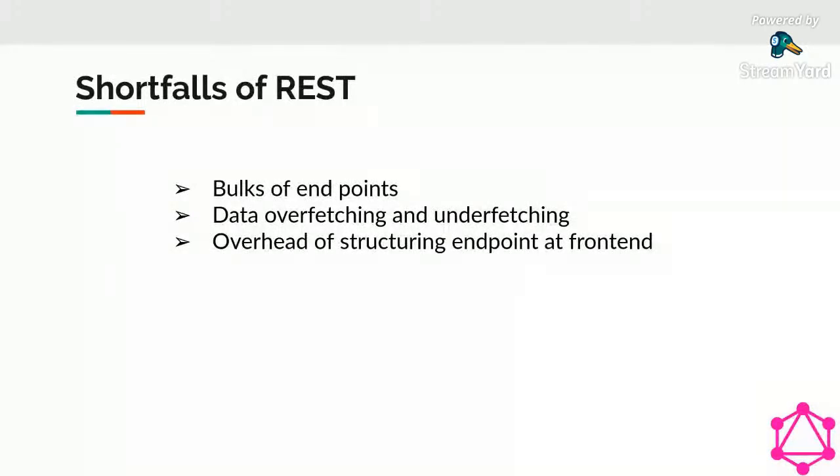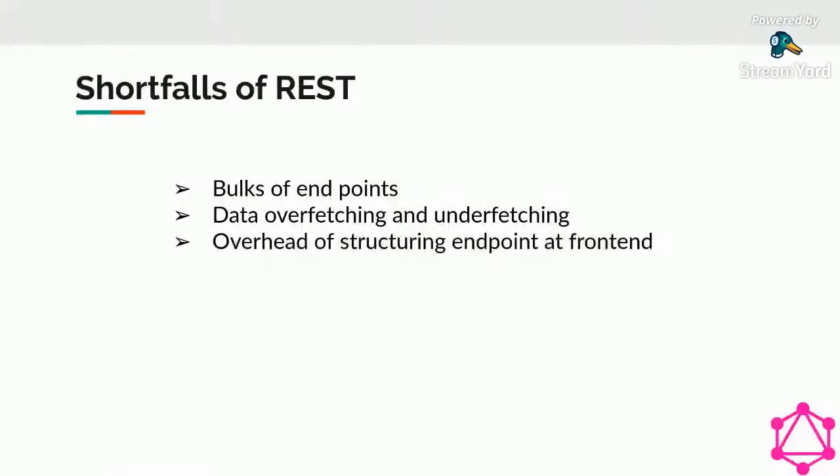Sometimes data overfetching. Now we'll come to the next point, data overfetching and underfetching. What do we mean by data overfetching? Sometimes we download a lot of unnecessary data. For an example, you want the Facebook API for your front end application where you need to display your friends' names. So you write your name /friends, right?